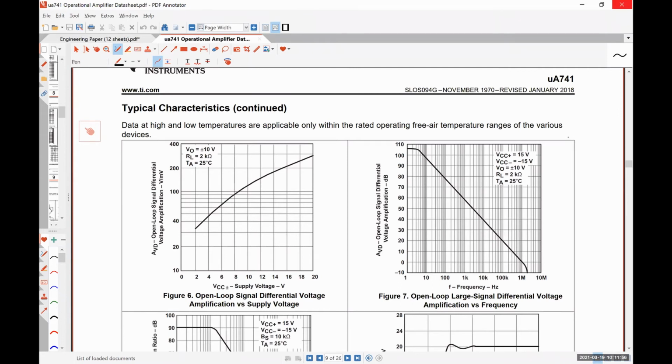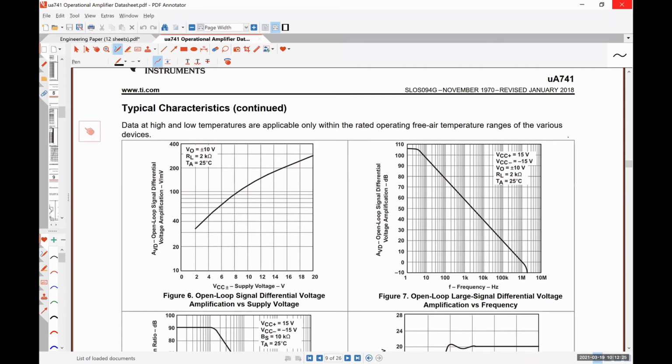But that gain is only applicable for frequencies up to about 4 hertz. Anything beyond that, and we see that the gain starts to roll off pretty significantly at roughly 20 decibels per decade. So what's good about that is it's the open loop gain that's falling down.